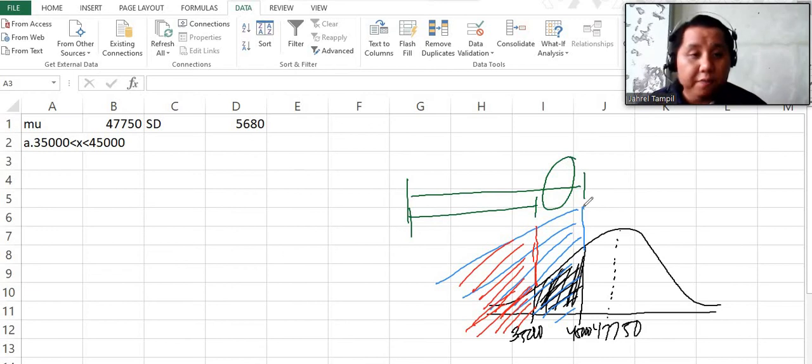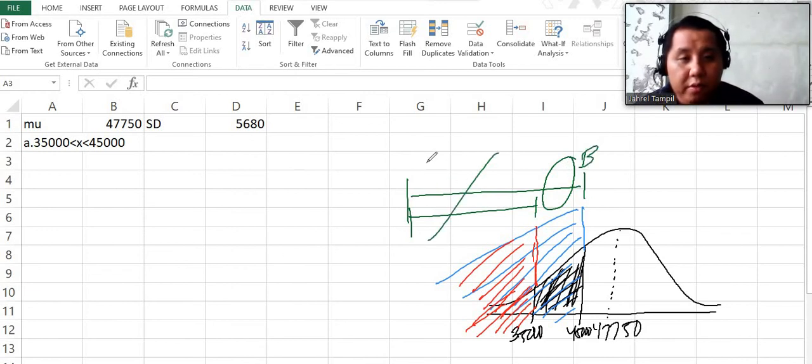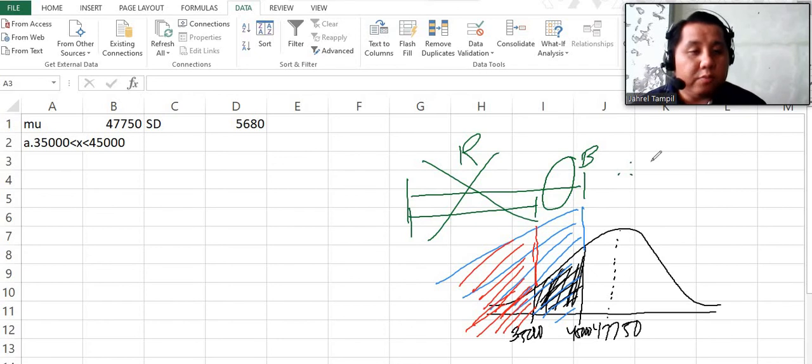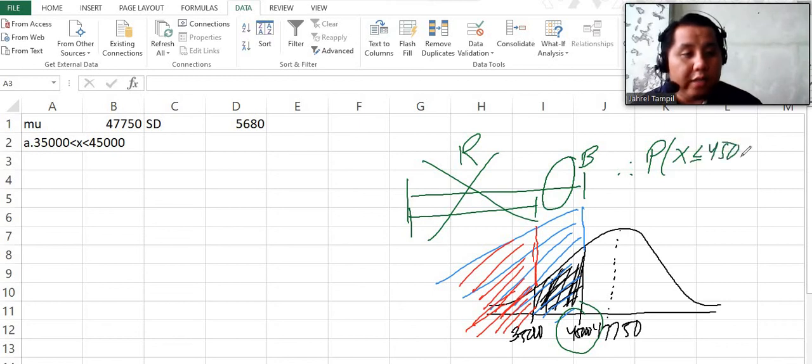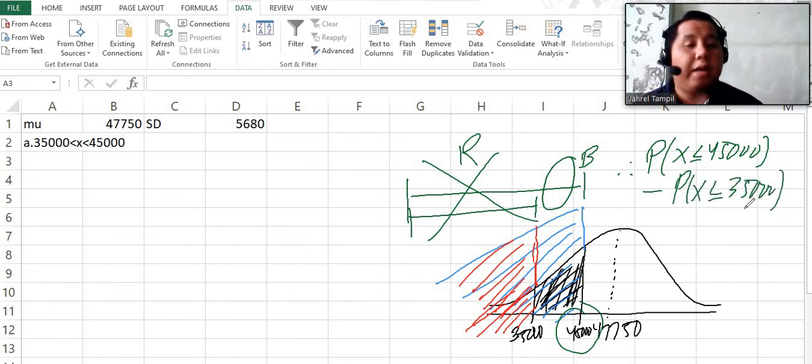So therefore, from the long one, which is the blue, we will remove the one which is red. Therefore, what we need to do here is to subtract the probability of getting less than 45,000 minus the probability that you get less than 35,000.